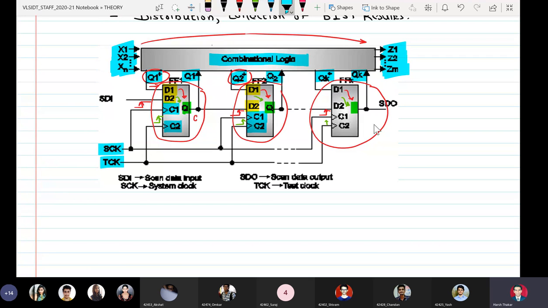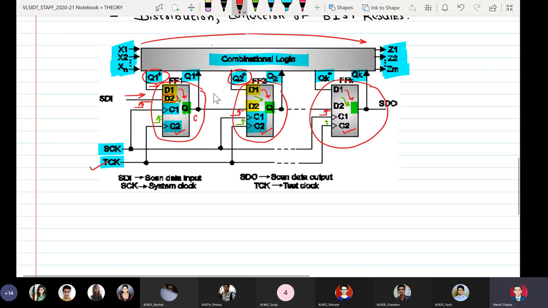When I want to operate this system in normal mode, I will not apply the clock TCK. So the D flip-flop will be pulsed only at C1, and the input at D1 will be stored inside. On the other hand, if I pulse the flip-flops at input C2 using TCK, the test clock, then D2 is activated, and hence SDI, the serial data input, will come into picture.